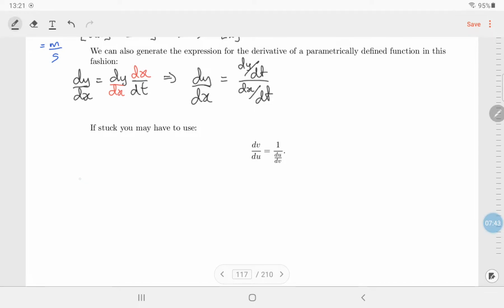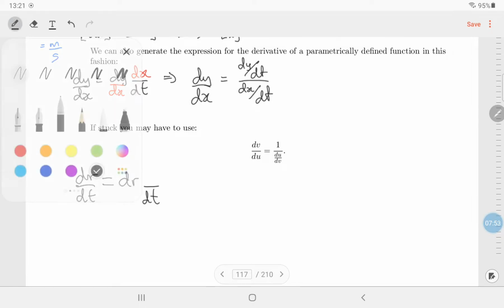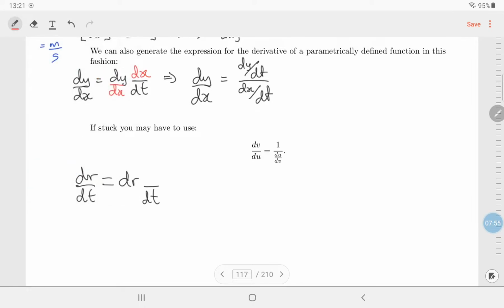Say, for example, you're talking about dr/dt, and you put in, say, the volume. dr/dt makes perfect sense. It's the rate of change of radius with respect to time. dV/dt makes perfect sense.